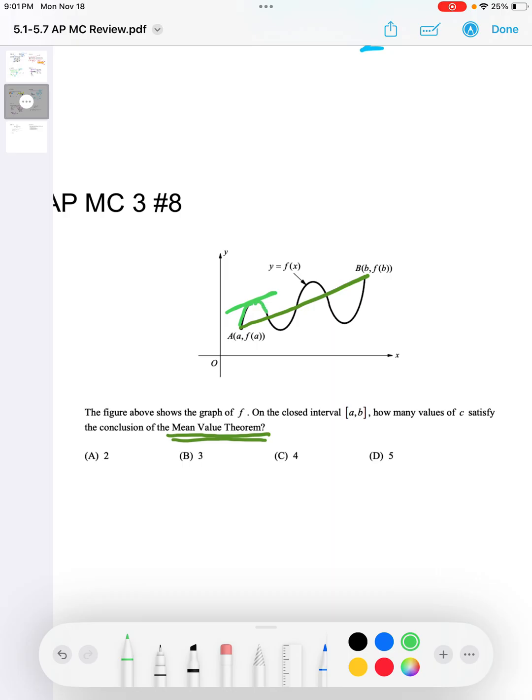So as you trace the function, when will the slope of that tangent line be the exact same as the slope of the secant line? And that happens 4 times. Really, as it starts to change concavity is where those happen at those different points. So this happens 4 different times.